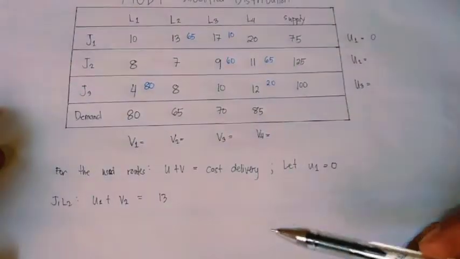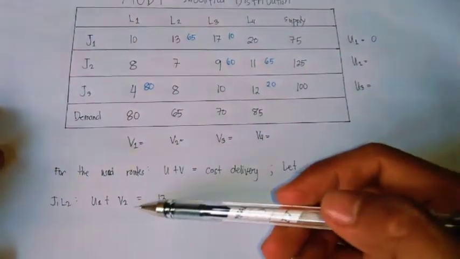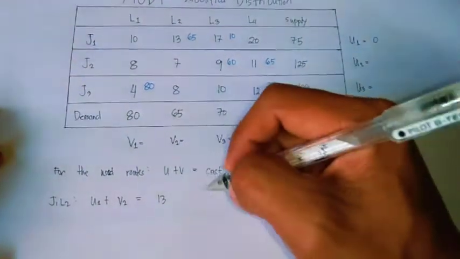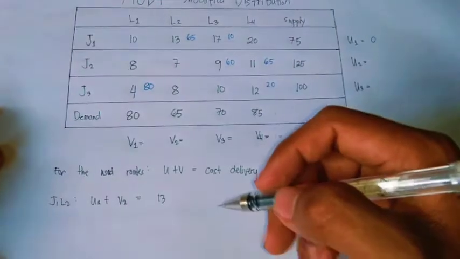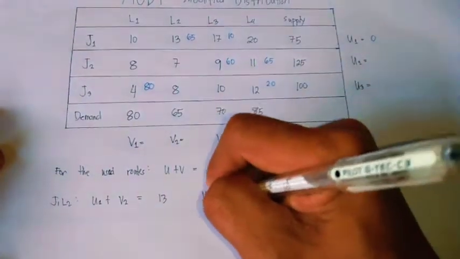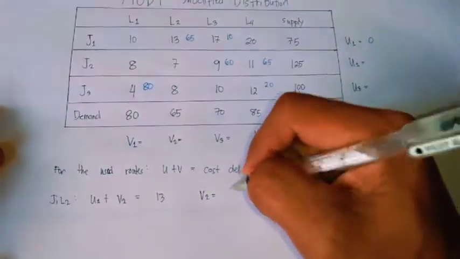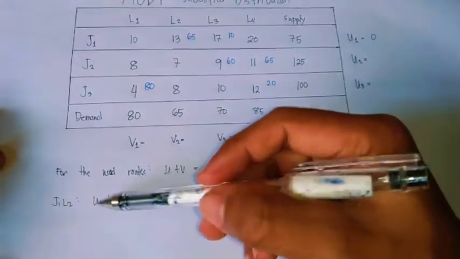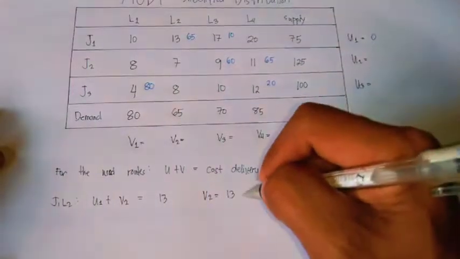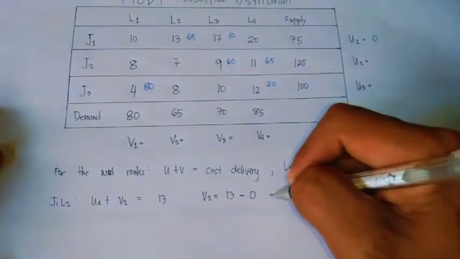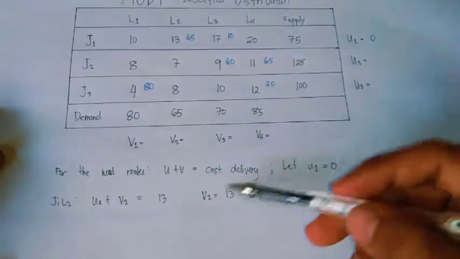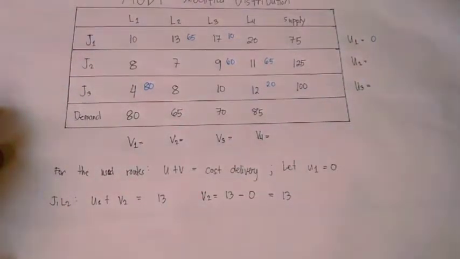And to get our V2, we will transpose it. V2 is equal to 13, and since our value of U1 is 0, 13 minus 0 is equal to 13. So our V2 is 13.